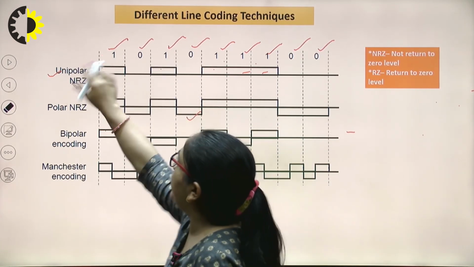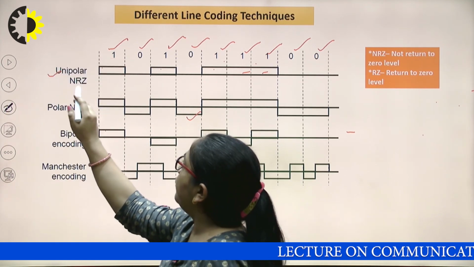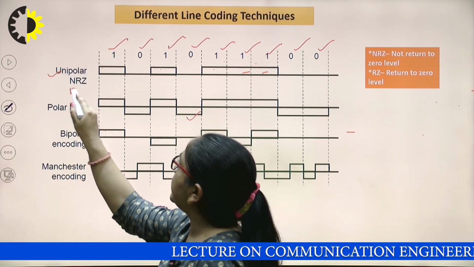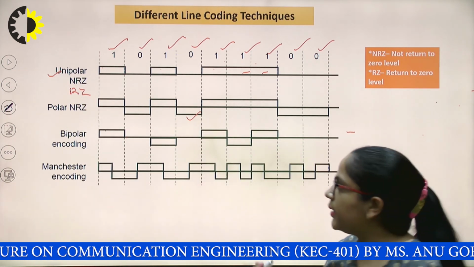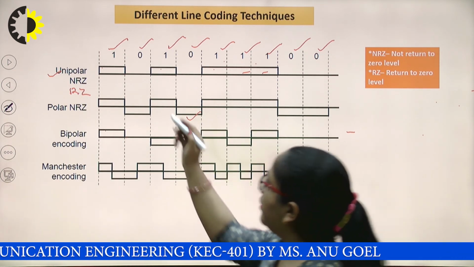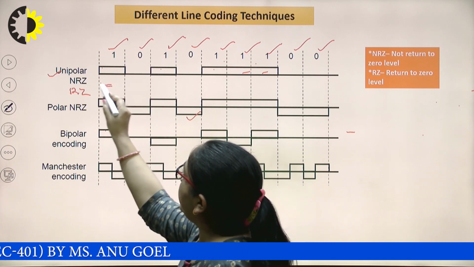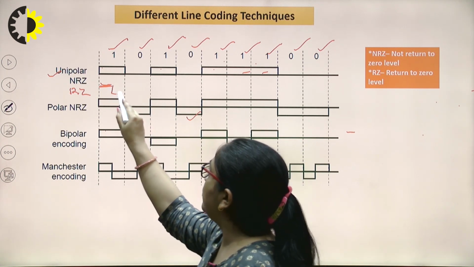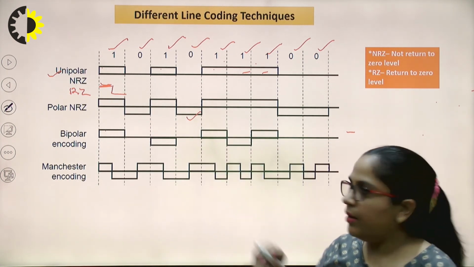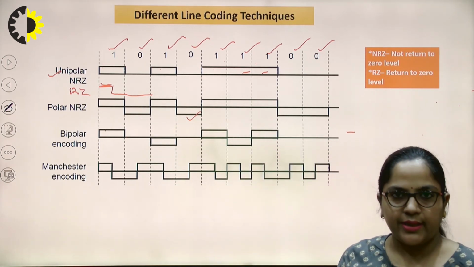If we want to show the waveform for unipolar RZ, then how will it look? For 1, it will first be high for half of the duration and then it will return to 0 voltage level. For 0 there will be no signal, it will remain at 0 voltage level.